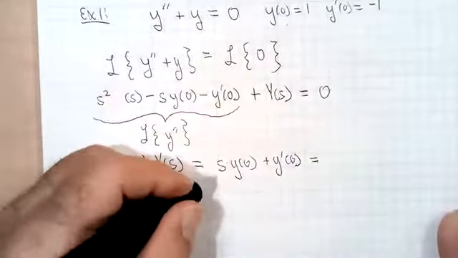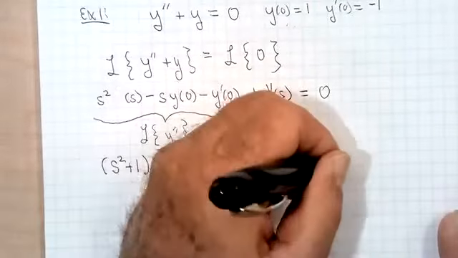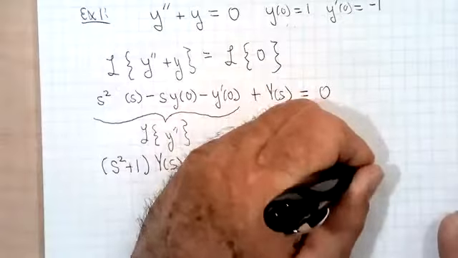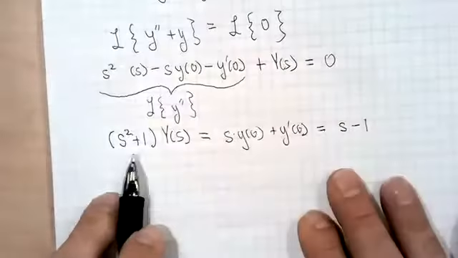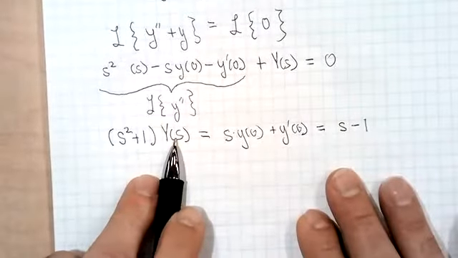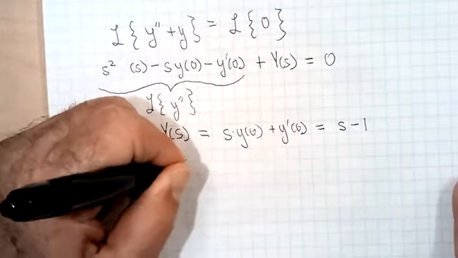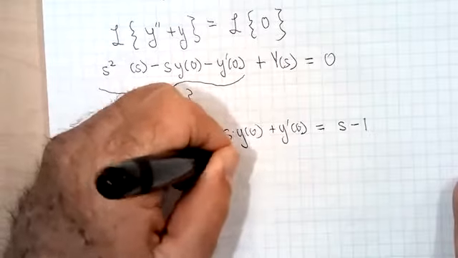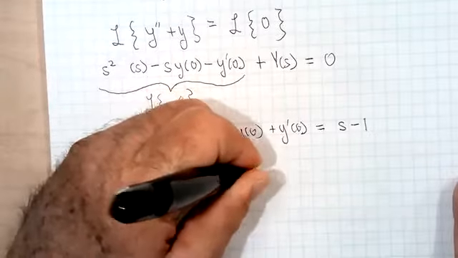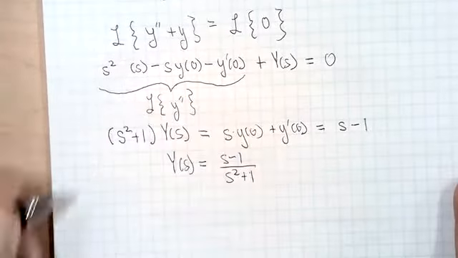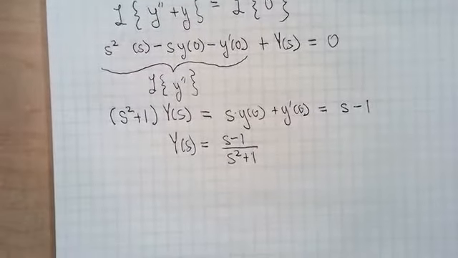So this is plus s times 1 minus 1. So s squared plus 1, cap Y of s equals s minus 1. So Y at s equals s minus 1 over s squared plus 1.